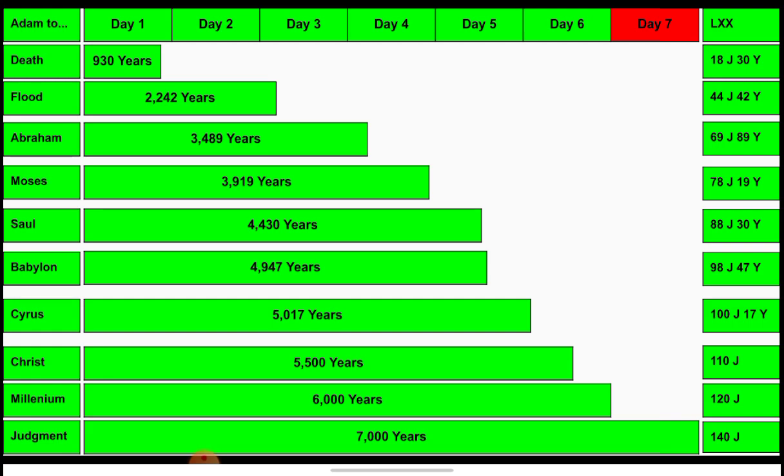And then below, for those of you who want to know, I've given the number of Jubilees that have passed from Adam to a particular event. So, for example, from Adam to his death are 930 years.